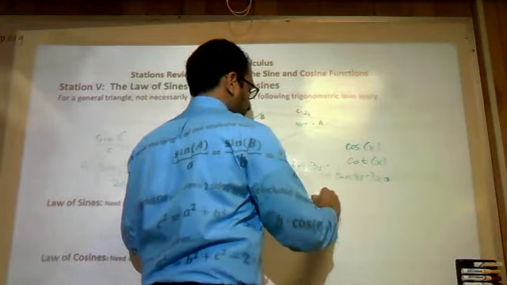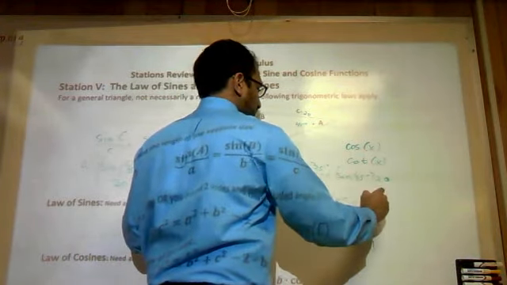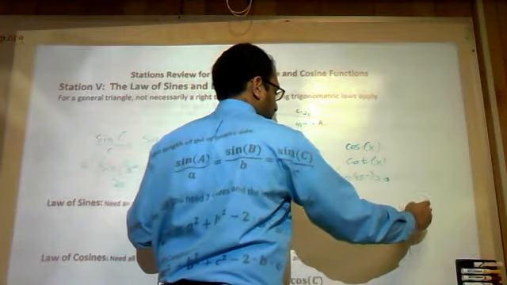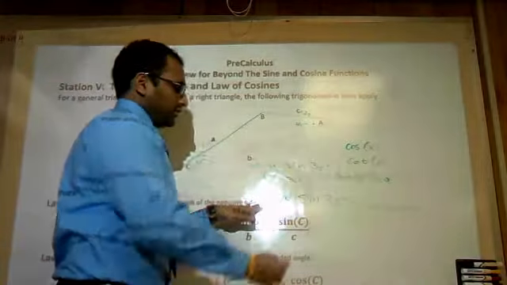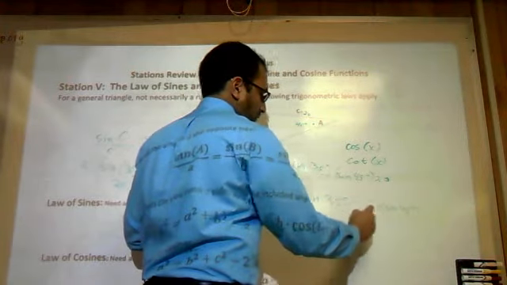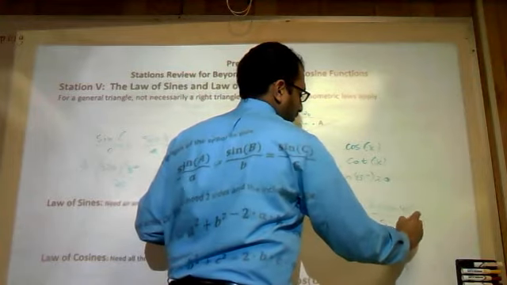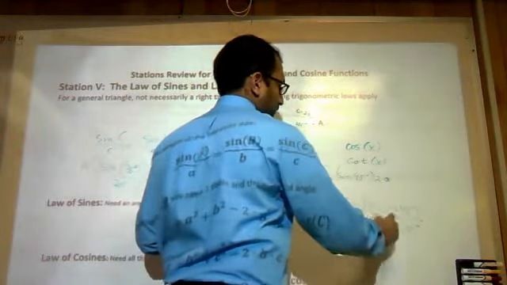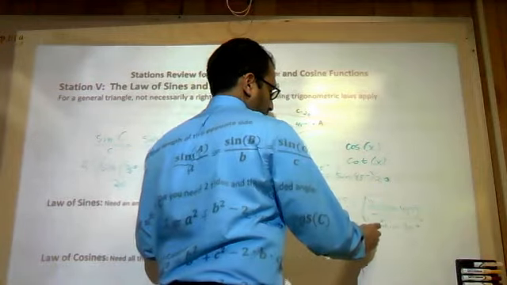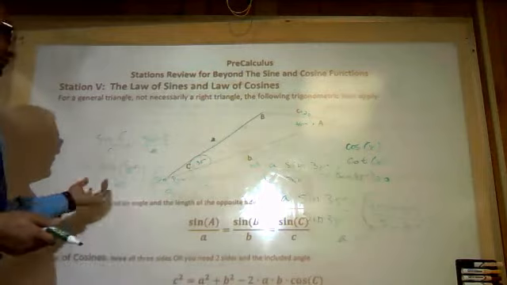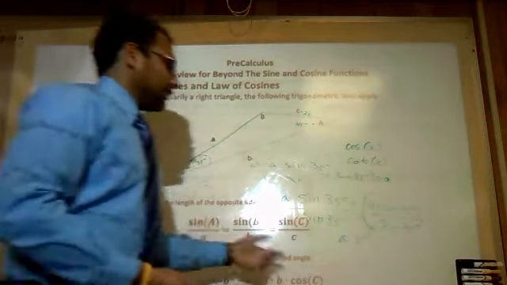A times the sine of 35 degrees is equal to 20 times the sine of 45 degrees. How do I solve for A? Just divide by sine of 35. So A is equal to whatever you get when you calculate this. So that was just an example of when you use the law of sines.